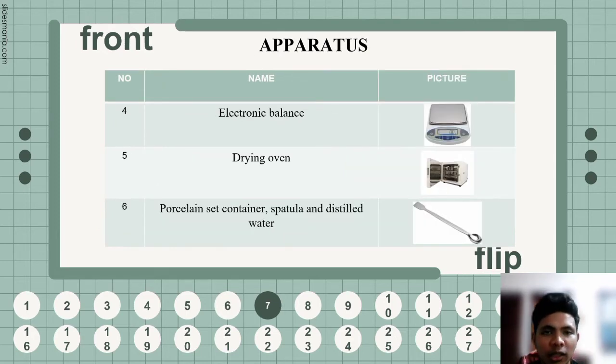The next apparatus is an electronic balance. The function of this apparatus is to weigh the soil sample. The fifth is a drying oven, which we use to dry the soil sample, and the last are the porcelain set container, spatula, and distilled water.